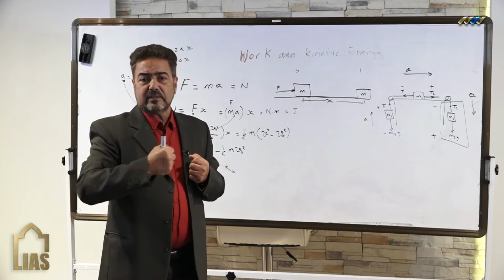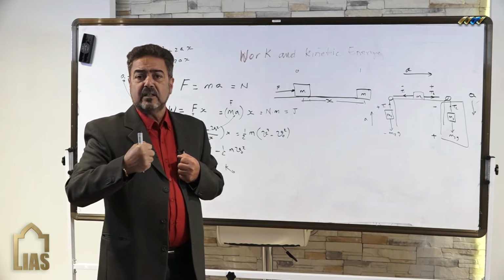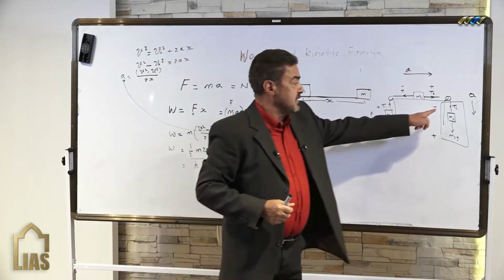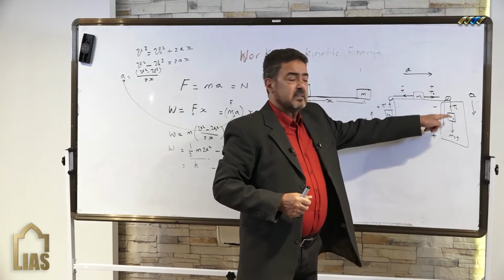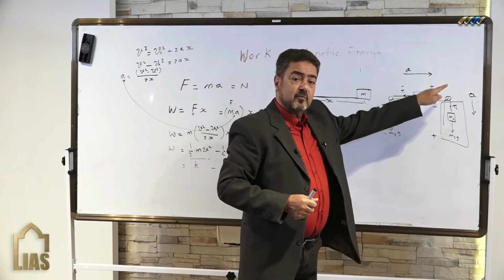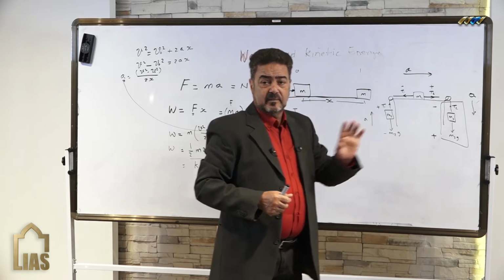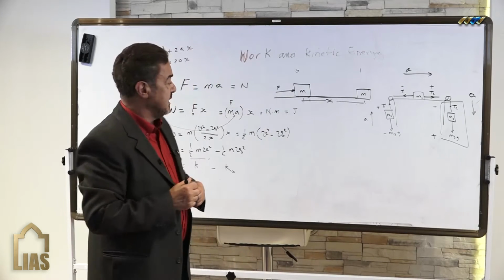All are negative because they are opposite to the direction of movement. This is negative because it is opposite to the movement downward, and this is upward. Please be careful with this.